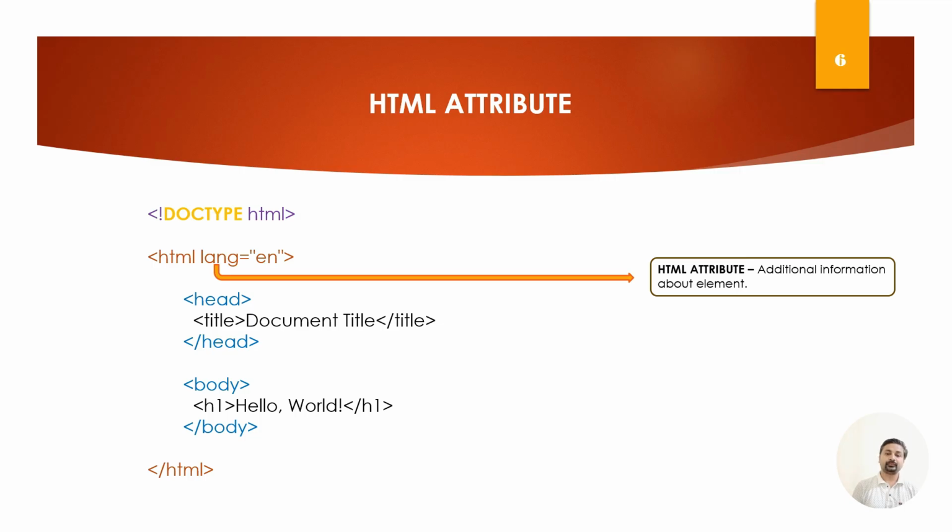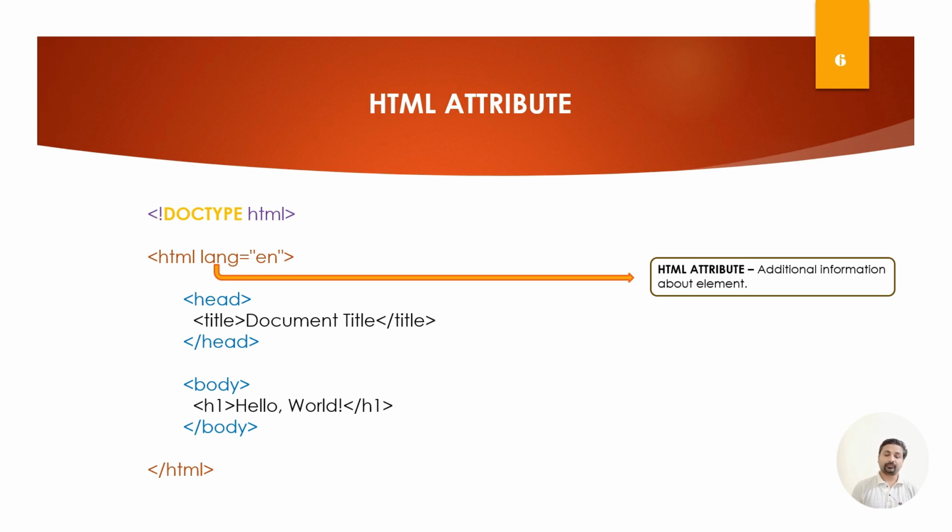Suppose you have to create a heading on your web page like HTML tutorial. For that we use the heading element, the h1 element. Now there can be different information about the heading, like the color of the heading. This is an attribute again.